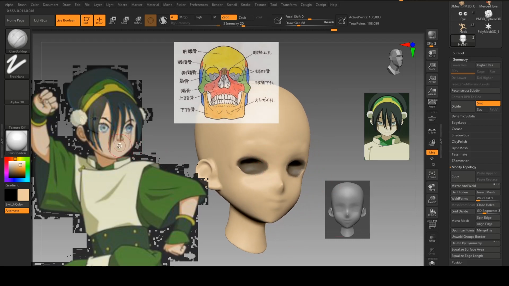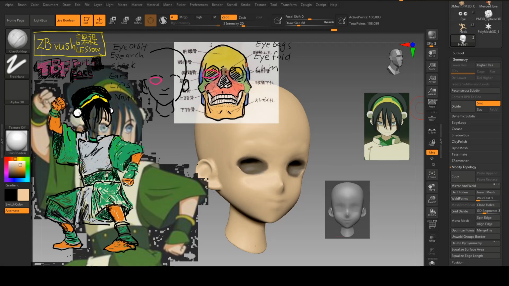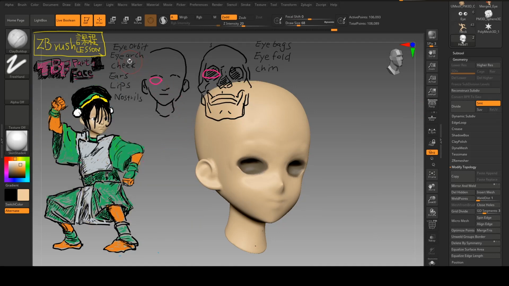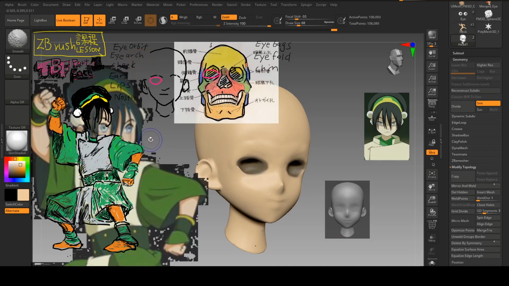But her face, her nose. Okay, let's see one by one. Boom. Eye orbit, eye socket, I mean cheek, yeah, cheek.